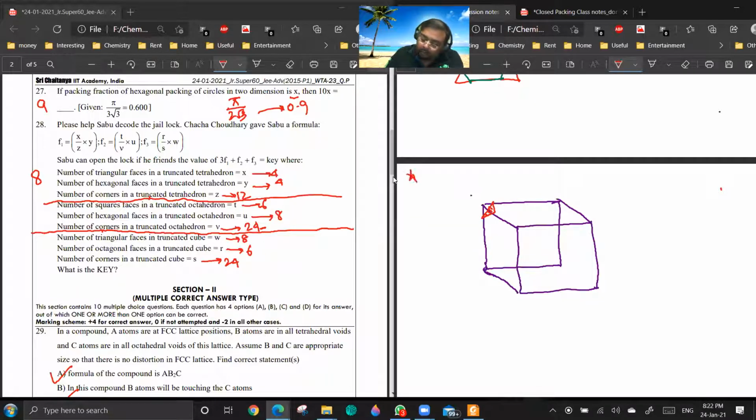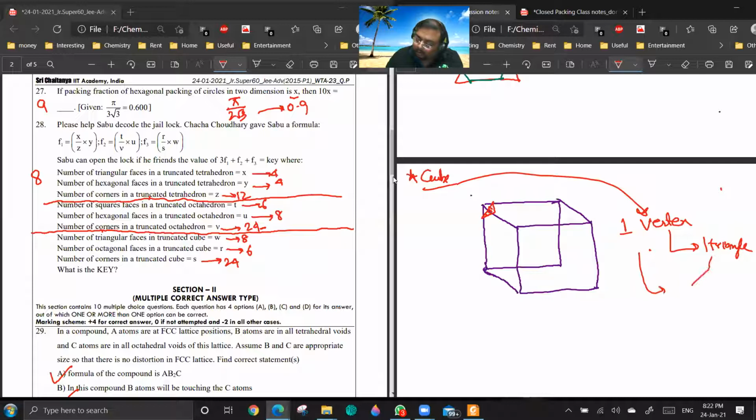So for the cube, one vertex will give one triangular face. So total triangles will be how many? 8? Yes or no? Yes. Are you getting the point?